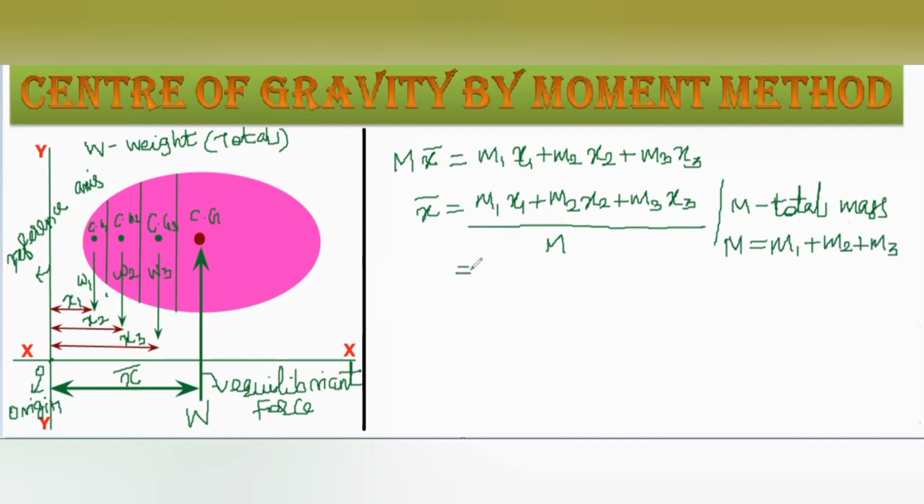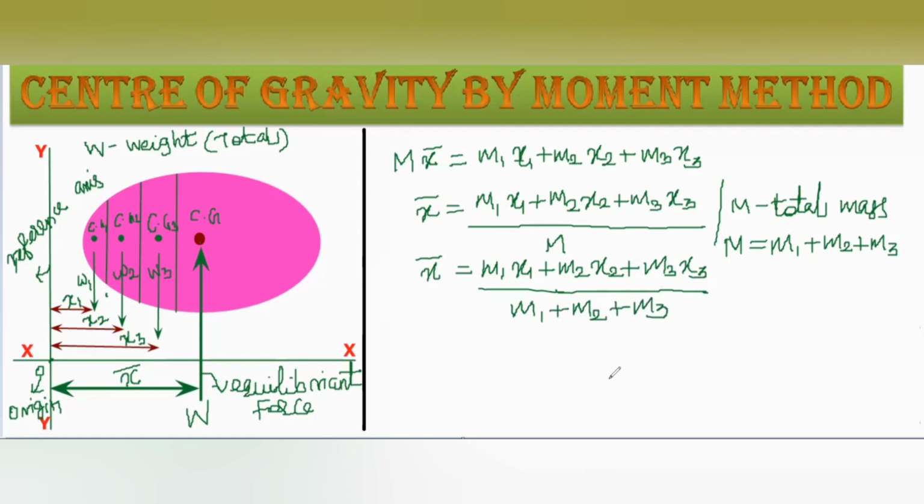So if we substitute the x bar value, we will get m1 x1 plus m2 x2 plus m3 x3 divided by m1 plus m2 plus m3. So this is the x bar.